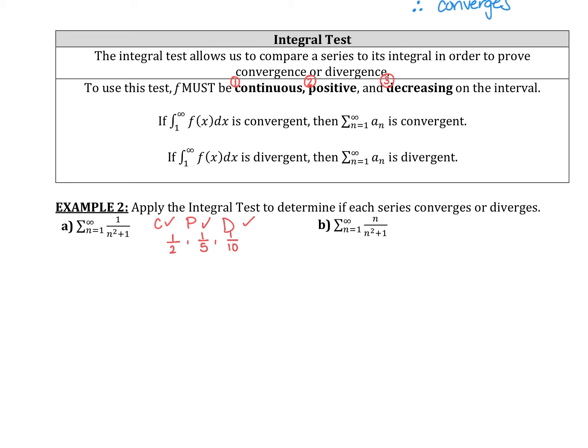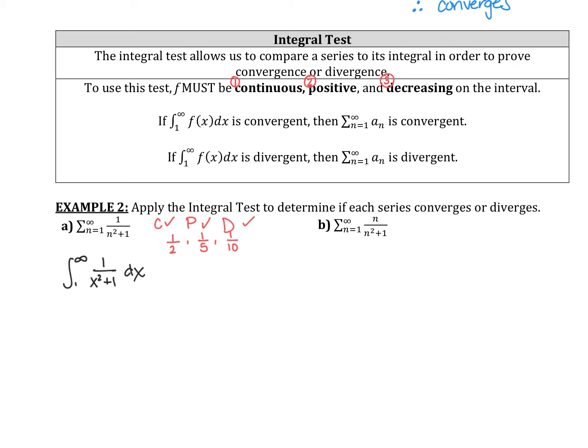Here's what the integral test looks like. It says, find for me the integral from 1 to infinity. Notice it's the same bounds that we had in the problem. Of 1 over x squared plus 1 dx. Now I did change the variable to x, but that's only because we tend to know x better, or it was really just a mistake on my part that I didn't realize it was n, and it's okay, totally fine.